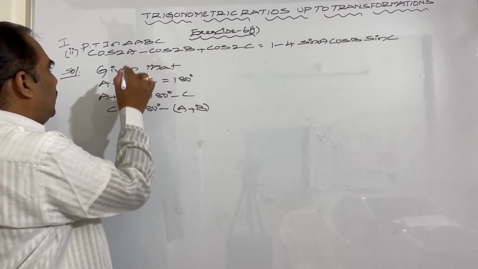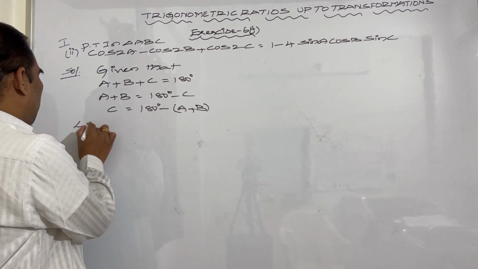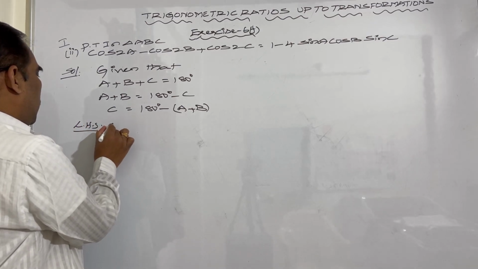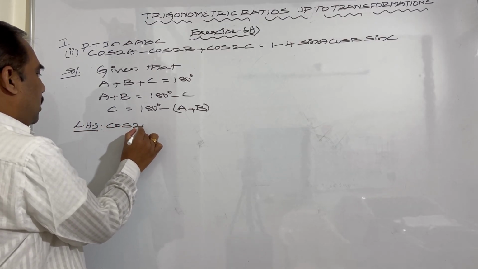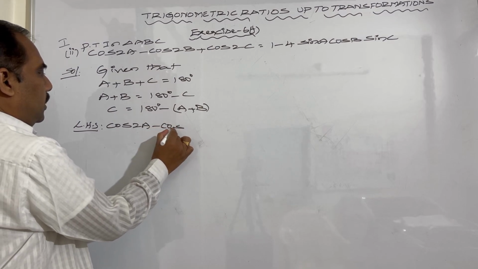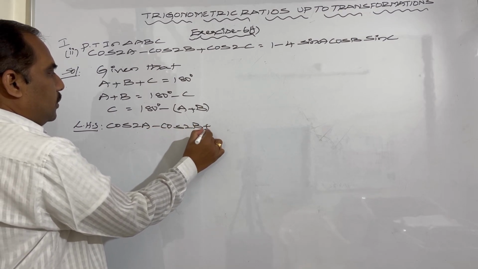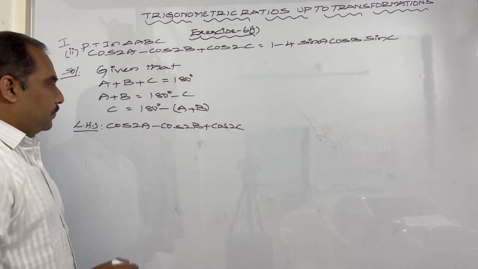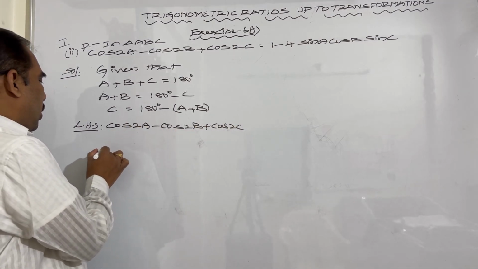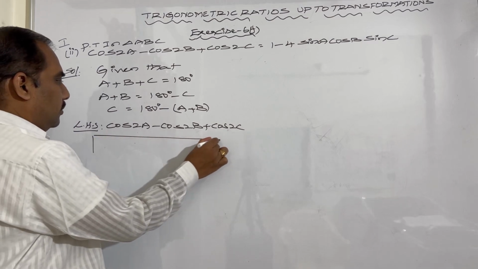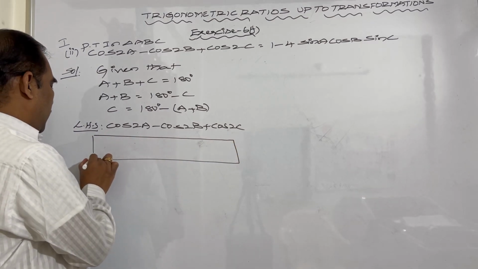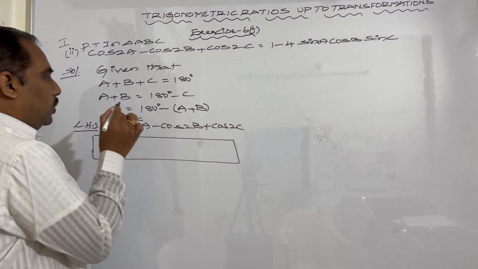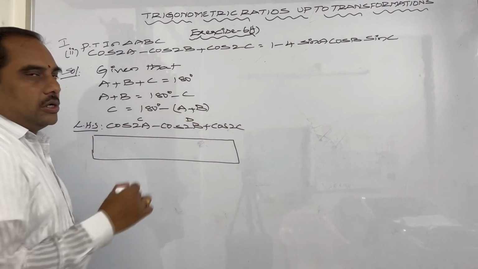Now what is given here, LHS? In the given LHS, we have cos 2A minus cos 2B plus cos 2C. Consider the first two terms. The first two terms are like cos C minus cos D, where C is the angle 2A and D is the angle 2B.